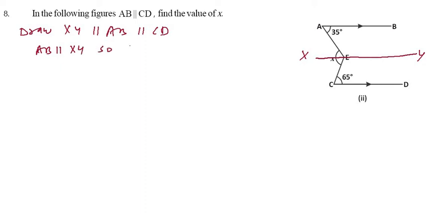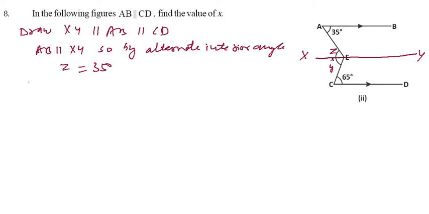So by alternate interior angle, suppose this angle is z and this angle is y. So alternate interior angle z is equal to 35 degree.